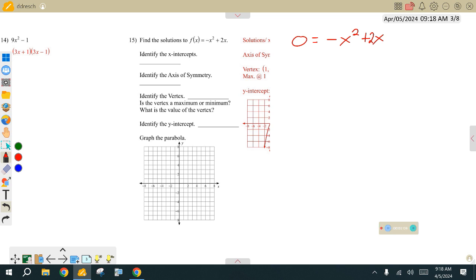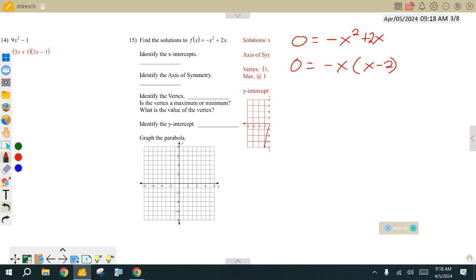What's the GCF here? Bring in the GCF. GCF is 1x. Now, it's got a negative, so I would probably bring out a negative 1x. And then from there, what do we have left over? x and a negative 2. Nice. What's our solutions?